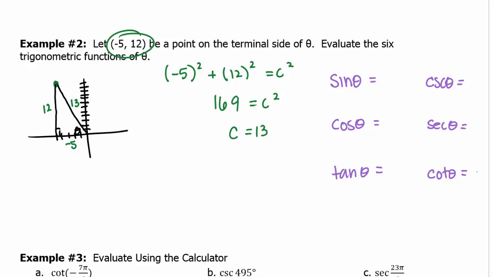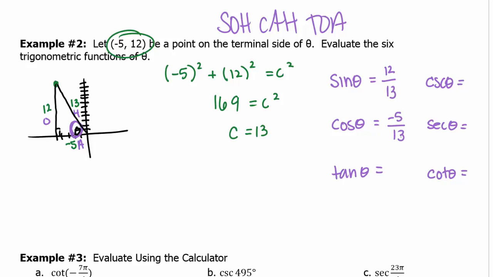So, again, SOHCAHTOA, where sine is opposite over hypotenuse. And remember, you're starting with this angle. So that's opposite over hypotenuse is 12 over 13. Cosine is adjacent, so -5 over 13. And tangent is opposite over adjacent, so negative 12/5.